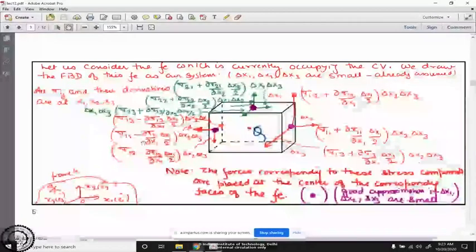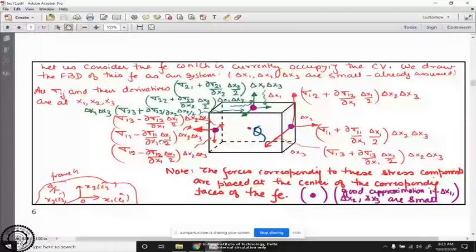The minus is appearing here because I'm using Taylor series expansion to find the value of, say, sigma 1 1 on the left face. Since I'm using Taylor series, I'm using the value of sigma 1 1 at a base location. That base location is Q. So the first term sigma 1 1 appears because it is the value of sigma 1 1 at Q itself.